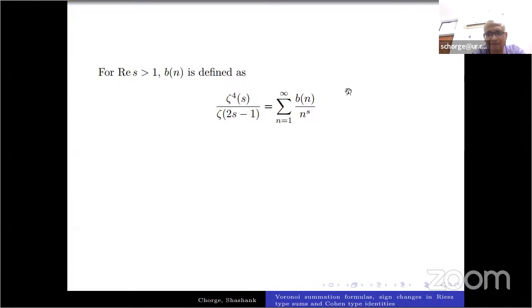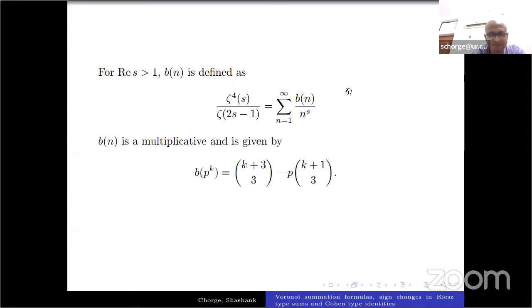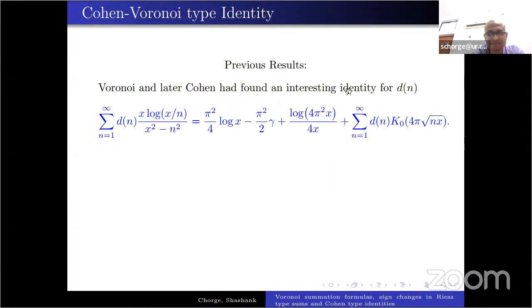Okay. Now there is something called the Cohen type identity. So initially we talked about the Voronoi type identity, Voronoi summation, which I just showed. Now I'm showing a different identity called the Cohen type identity, or sometimes called the Voronoi Cohen type identity.